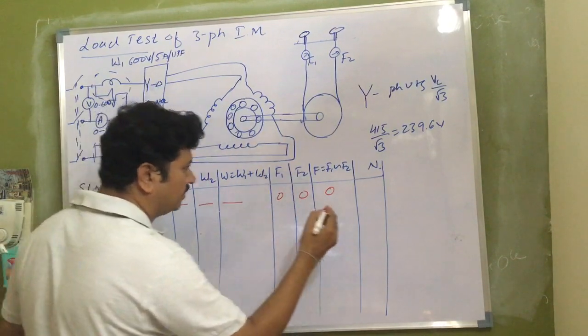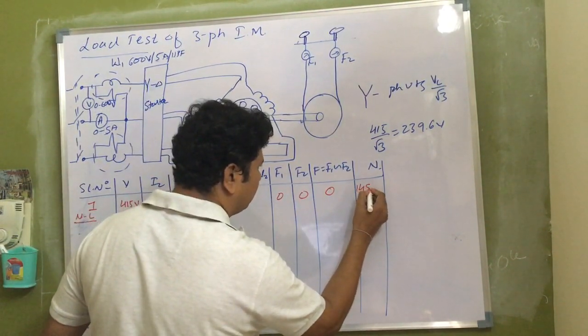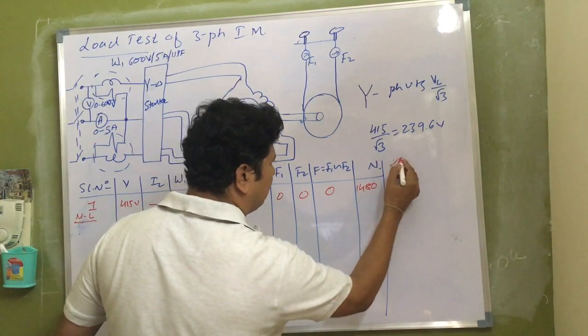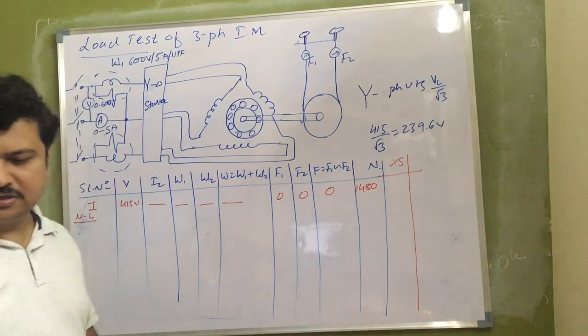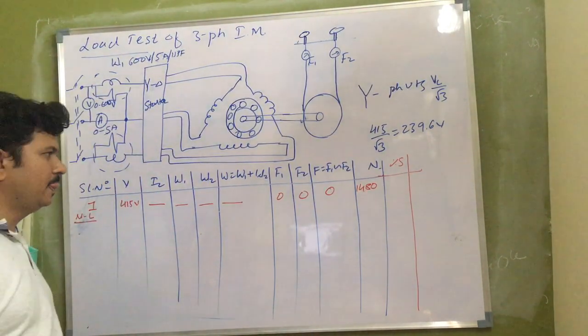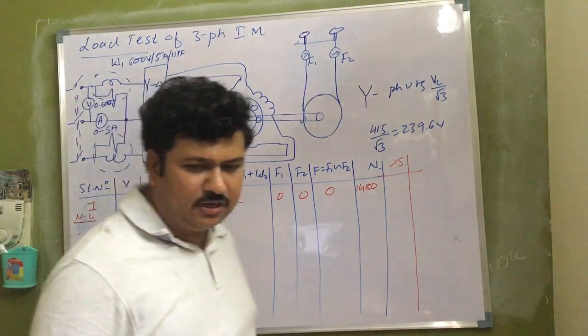This will be obviously 0. Let us take the speed as 1480. Let us take percentage slip also. Okay, let us take percentage slip. At no load, the motor is running.